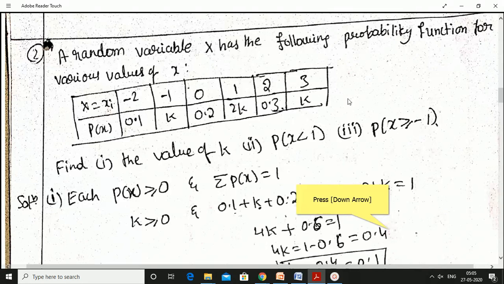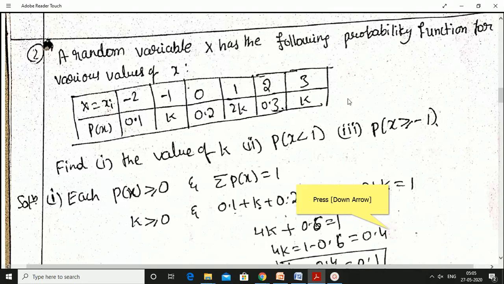Second is probability of x less than 1, and probability of x greater than or equal to minus 1. Listen to the problem. The values taken by the discrete random variable along with the corresponding probabilities are given. We need to find the value of k, also probability of x less than 1, and probability of x greater than or equal to minus 1.